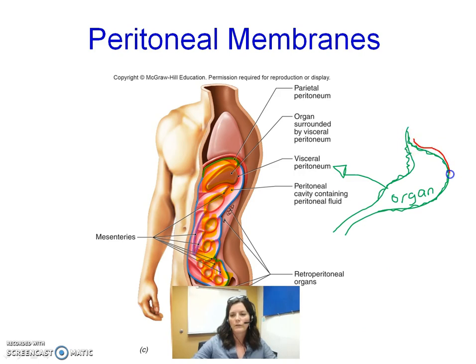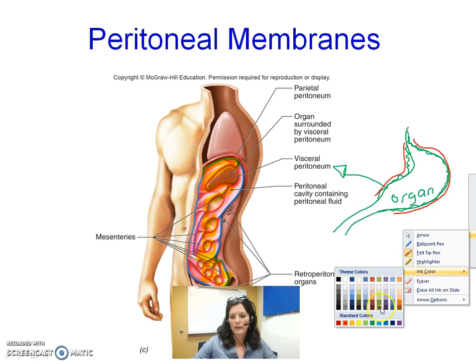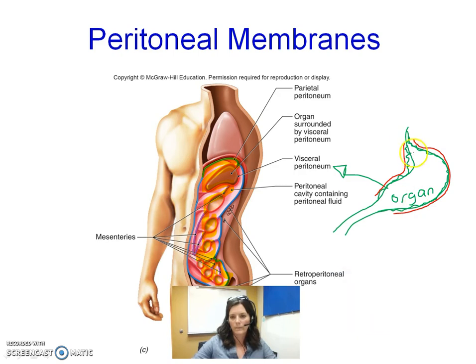A little layer of fluid, because we don't want these two membranes to rub against each other. And then we would have our next layer of our membrane on the outside, and this membrane here in blue would be our parietal peritoneum. There it is up there. So you have parietal peritoneum on the outside.